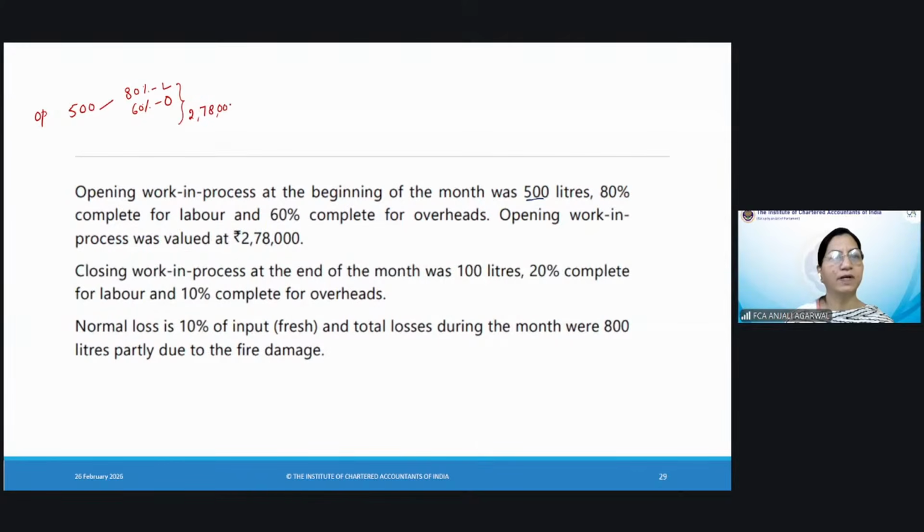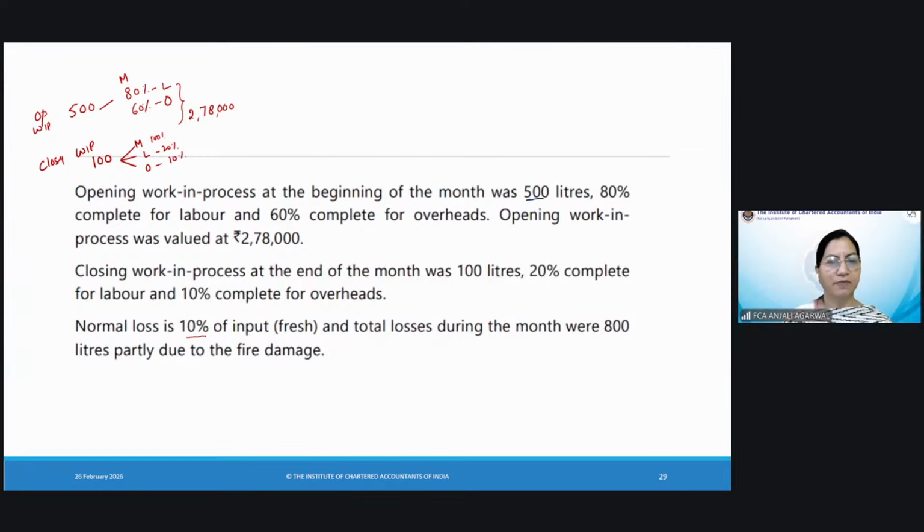So we don't know the material part here, and material we can assume to be 100% complete. Then you had closing WIP also, which was 100 liters. This was 20% for labor and 10% for overheads. So again, material I'll take as 100% most probably. Labor and overheads are 20% and 10%.